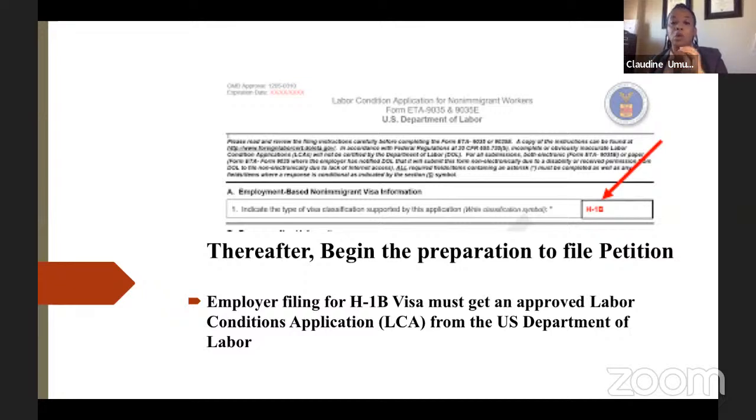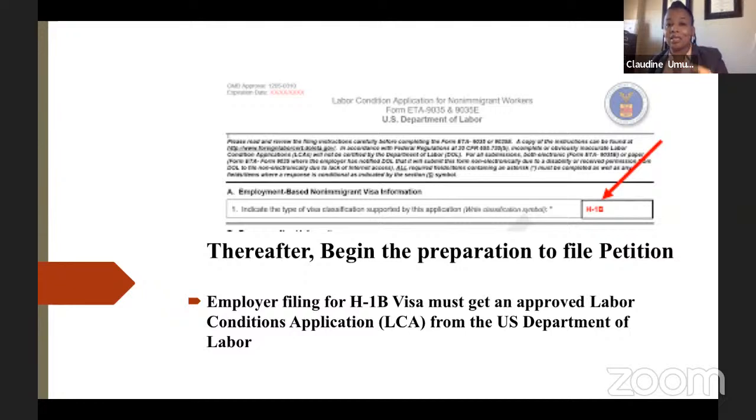That means on your labor condition application, you can only pay an H-1B employee a salary that's at least equal to or above the prevailing wage. That is why before a U.S. employer files for the H-1B work visa for an individual, they must obtain the labor condition application.